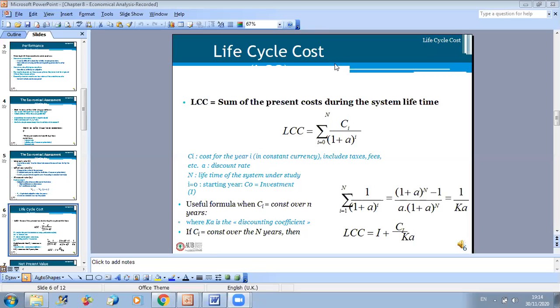So I do the calculation from year 1 to year n, and I add to it the initial investment cost. Therefore I can assess at any year, for example year 10, what will be the total cost I am having. They are called present costs, because their value is measured relative to now. This is why we divide by 1 plus A to the power I, because I want to measure their value relative to the current time where I start.